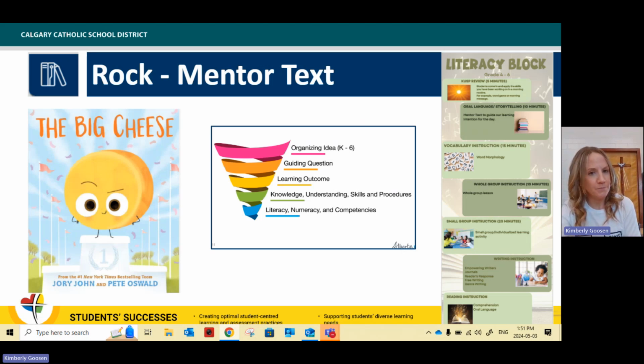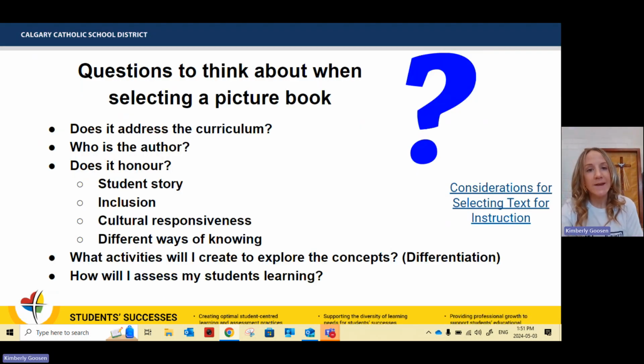So there are questions to think about when you are selecting that picture book. And there is a document that is linked. So considerations for selecting text for instruction, but really thinking about first and foremost your curriculum, thinking about the author.